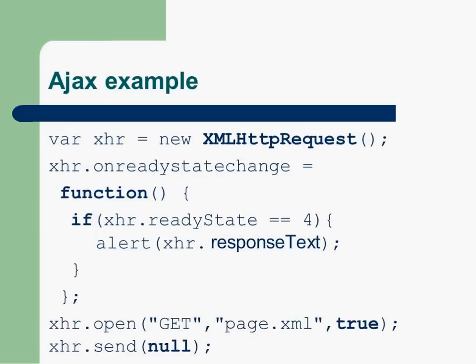Let's quickly see a very simple piece of Ajax code. You have an XML HTTP request object instance, xhr I have used; you can use any word, it's like a variable name.